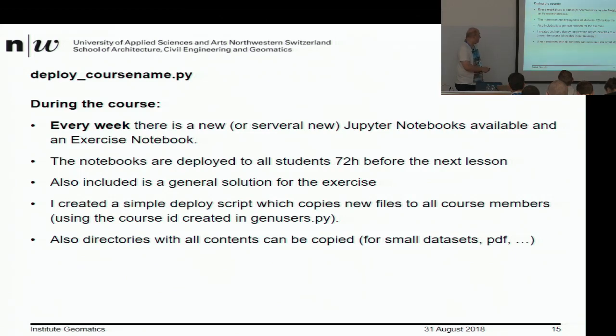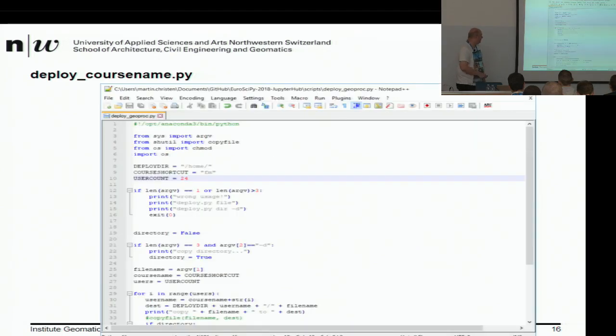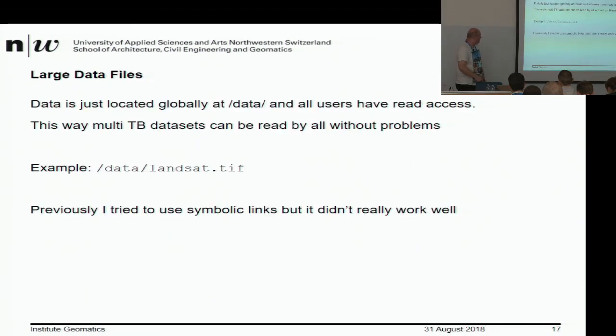So there is an option, copy a whole directory or copy a single file, and I can make a cron job and deploy that. I can even program it now, so I deliver the things in time. That's what it looks like. It's not very important. Now let me come to the data.